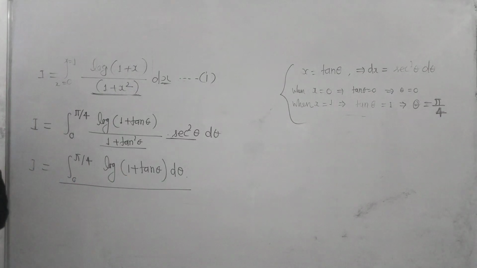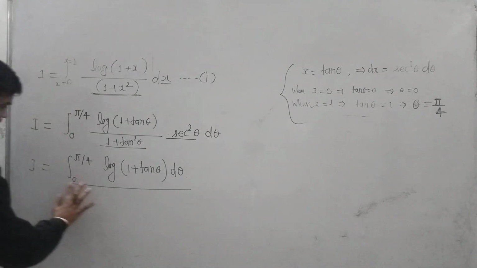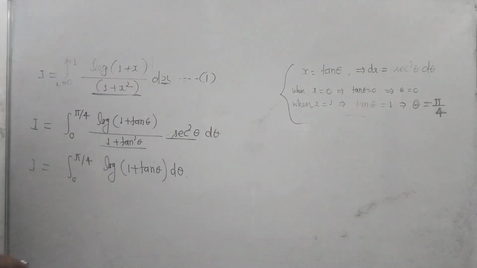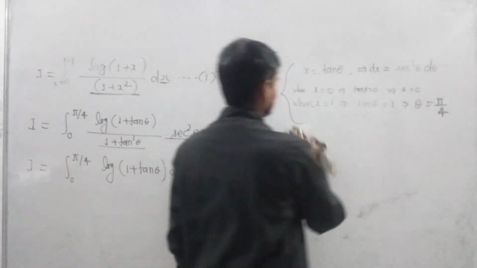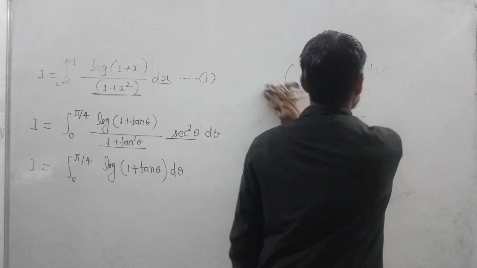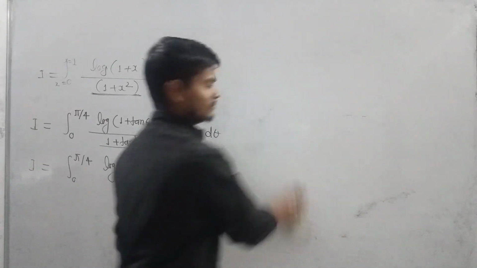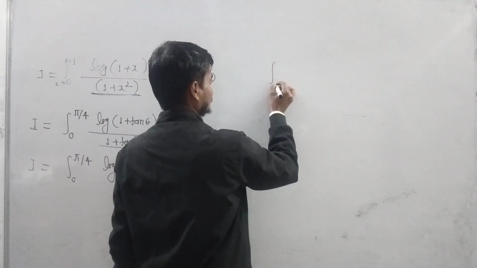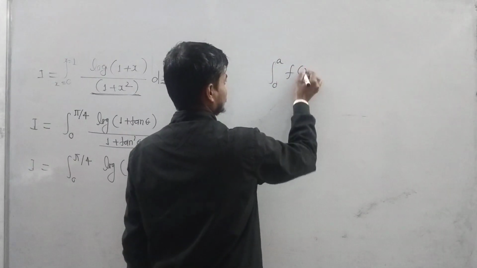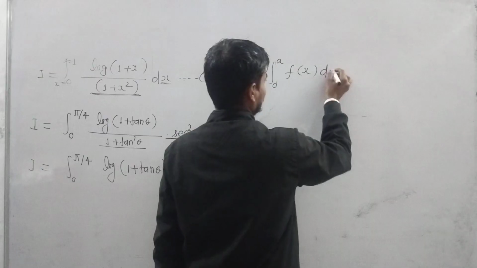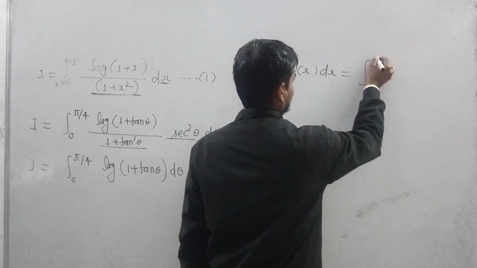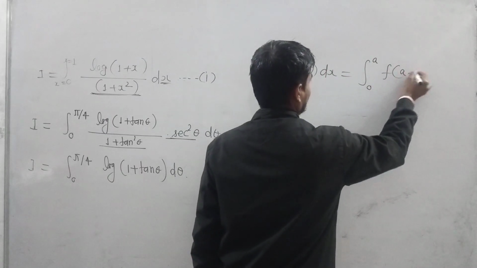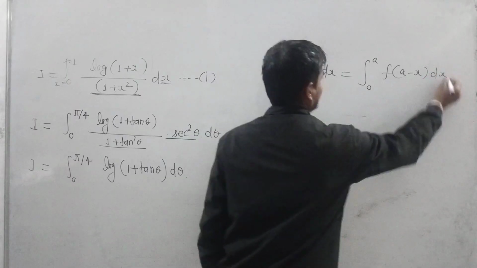Now we will apply the definite integral property: integral of f of x from 0 to a dx is equal to integral 0 to a f of a minus x dx.